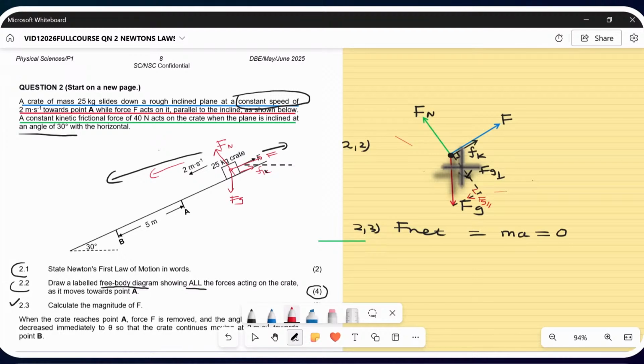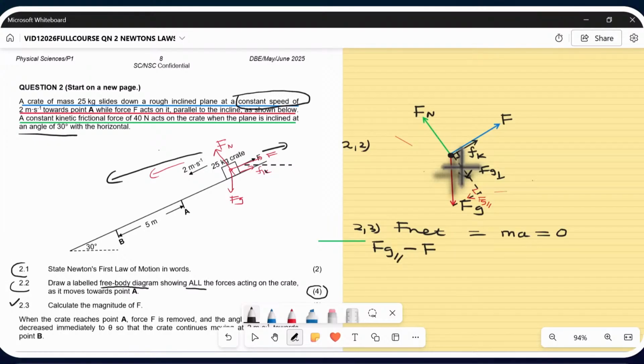Okay, so now our F net here, it means we are going to say our FG parallel, minus the applied force which you're looking for, and then minus Fk, that is kinetic frictional force, equal to 0.